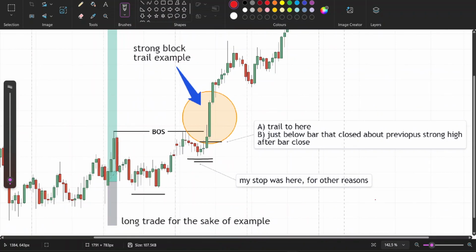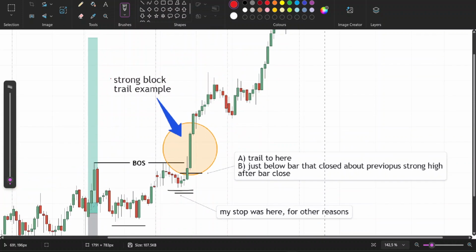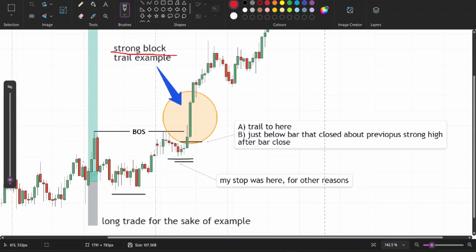Now, the third option for trailing comes into play after the big bar here, right? So I call it strong block, and it means, well, as you see, if you look at how the bars look, and I know that's not very quantifiable, but looking at these bars is like some kind of a painting or some kind of art.